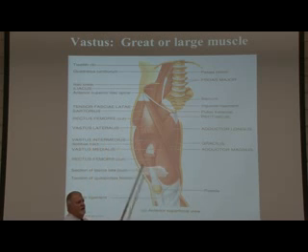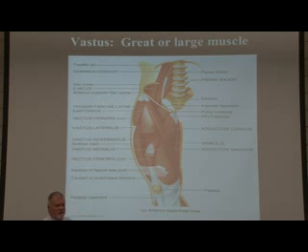between the other 2. So all of these muscles do not cross the hip joint because they all originate off of the femur, and so they won't have any hip action. And then they all come together into the quadriceps tendon, and again attached to the tibial tuberosity via the patellar ligament.